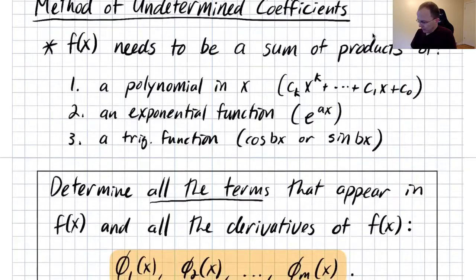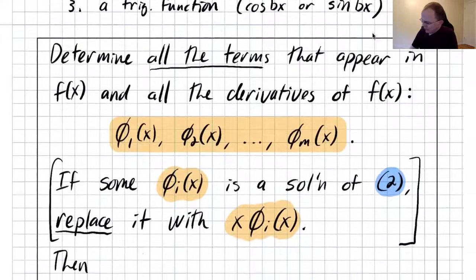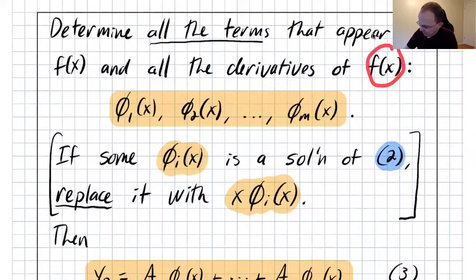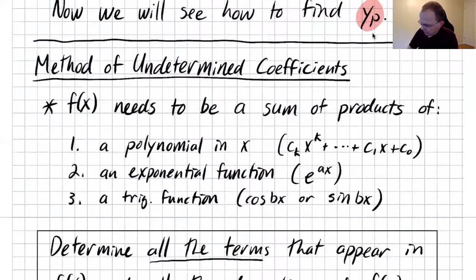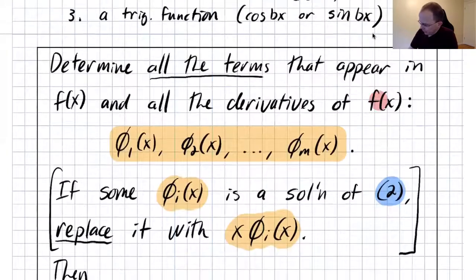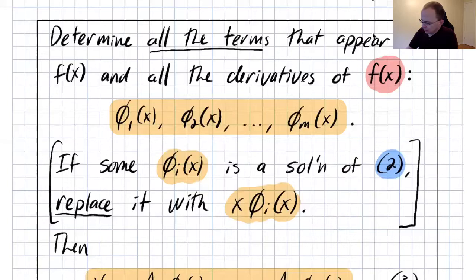Okay, so what is this method? It's very straightforward. What we do is we take this function f of x, which is an important thing to focus on. What do we do with this f of x? Well, we consider all the terms that appear in f of x and in the derivatives of f of x, and we just write them out.